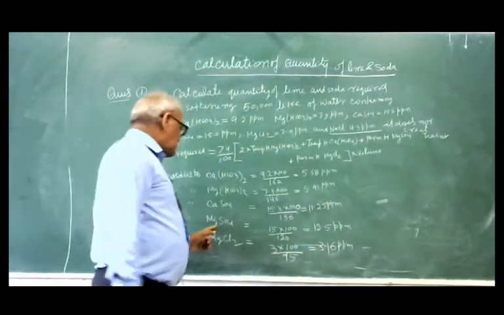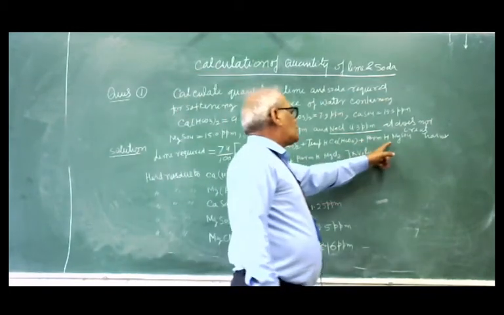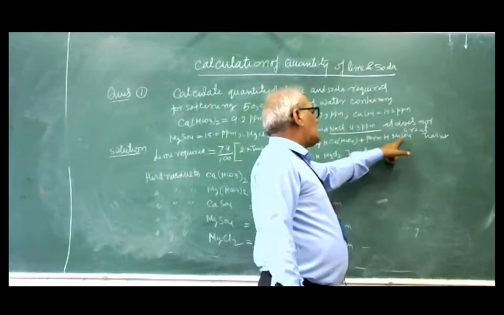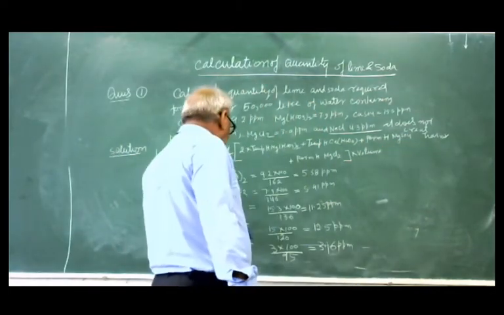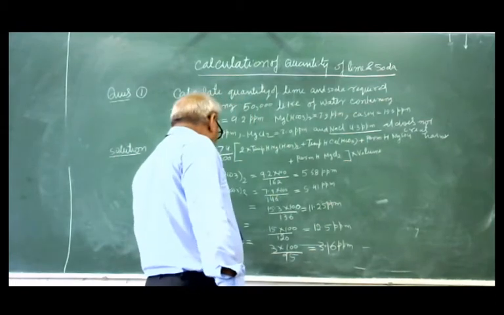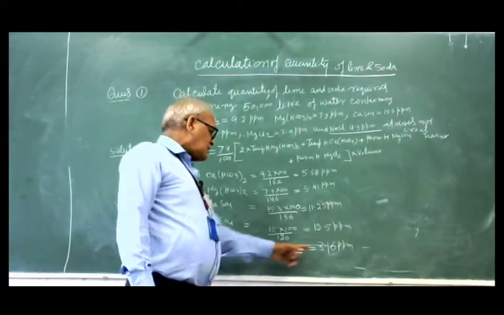But magnesium sulfate reacts with the lime, and therefore I have put here the permanent hardness due to magnesium sulfate. Permanent hardness due to magnesium sulfate is this much, and permanent hardness created by magnesium chloride is this much.